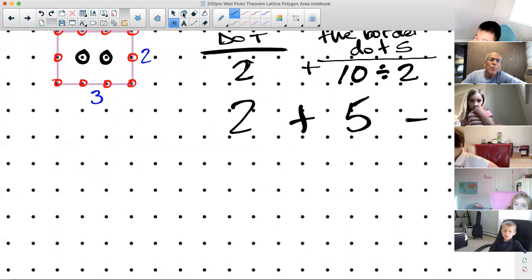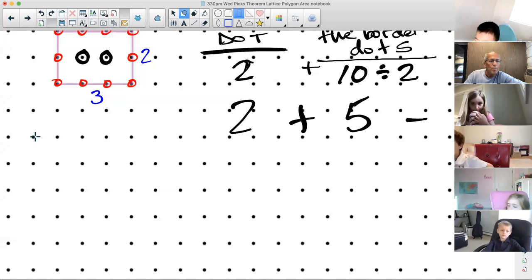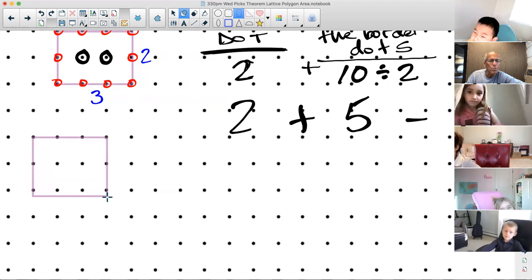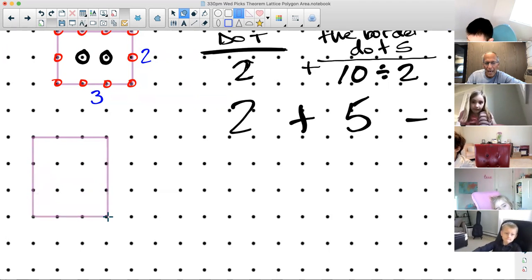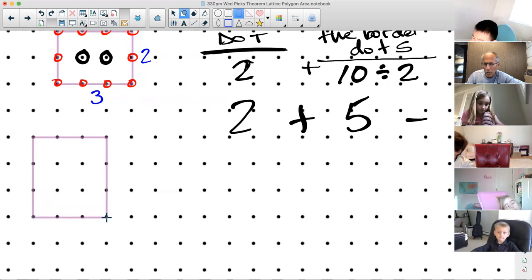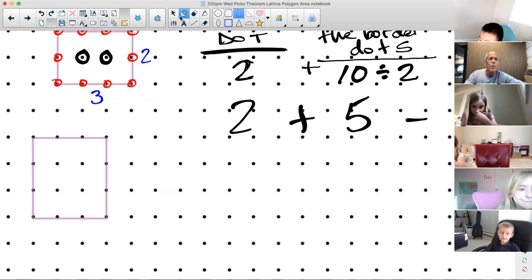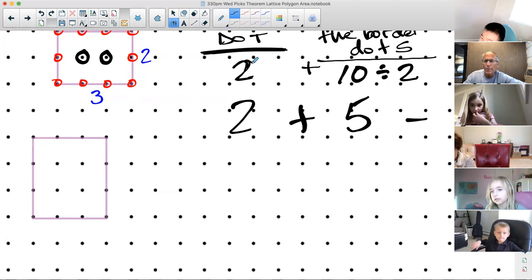So Mr. Pick drew another rectangle. But this time, the rectangle he drew was actually a square. Now, who can give me the dimensions of this square?